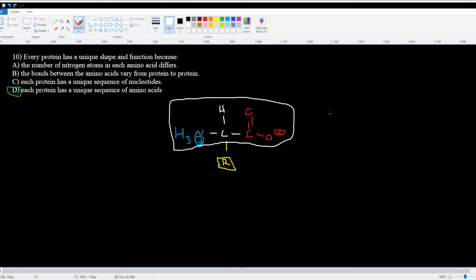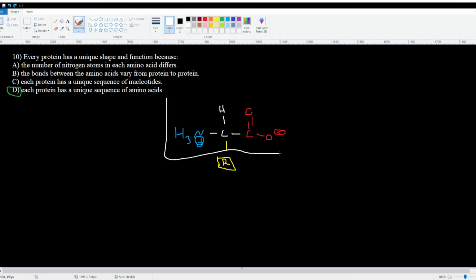The same thing goes for a nucleotide, which we'll go over later. So if this never changes, the number of nitrogen atoms in each amino acid will never differ. It's always going to be just one. If it said the number of hydrogen atoms, that would differ, because this amino acid is lacking a hydrogen over here and has an extra hydrogen atom over here.